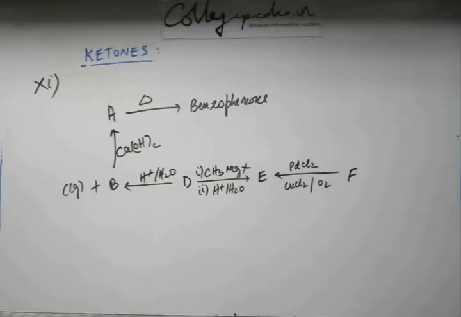So it's an easy problem based upon the recent reaction that we have studied in this chapter. It should not be difficult for you to identify all of them. So take a minute, think about it, work it out, and then listen any further. I'm going to tell you the answer anyway, but it will be better if you solve it on your own and then you listen to the answers and then see what you have been learning.